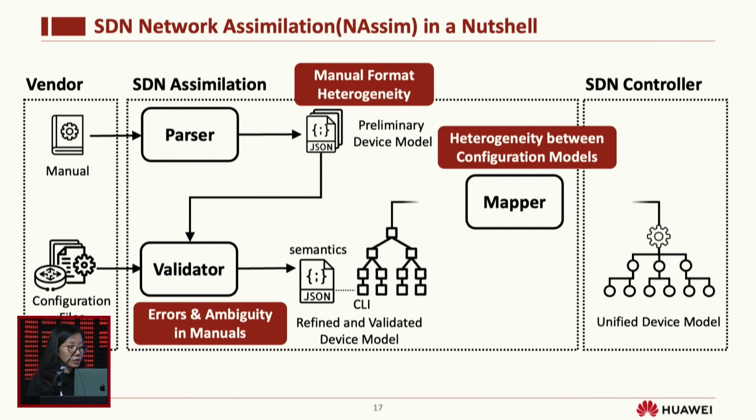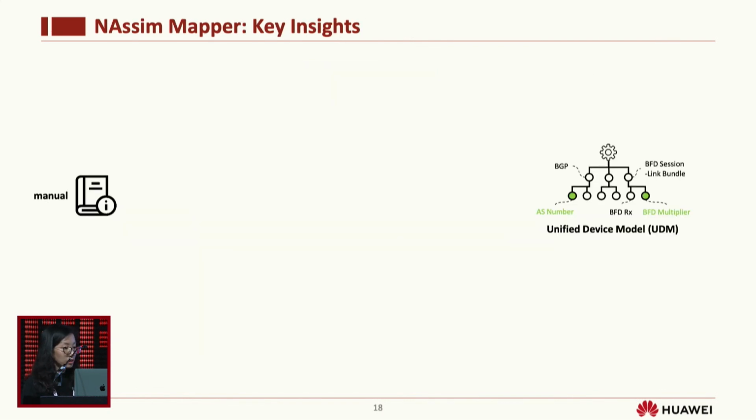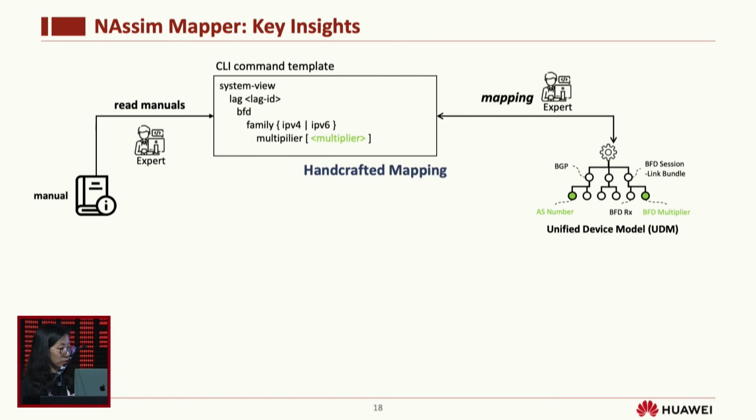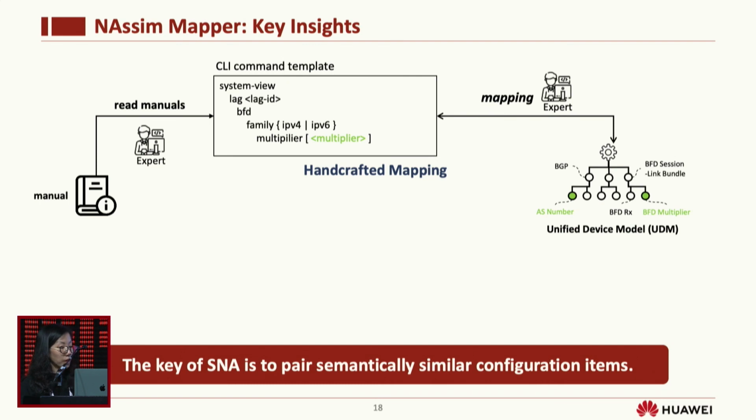And the third part of the design is the mapper. By investigating the existing handcrafted mapping process, we found the key of the mapping is to pair semantically similar configuration items.